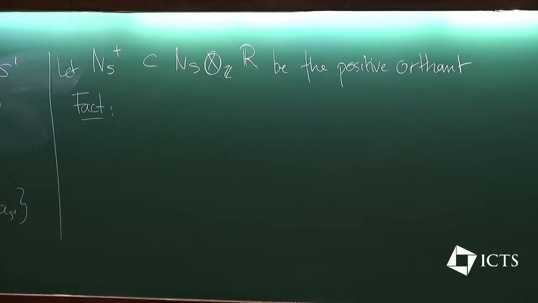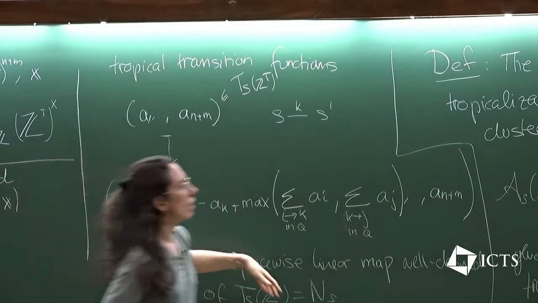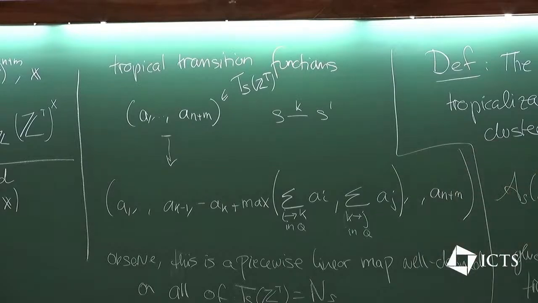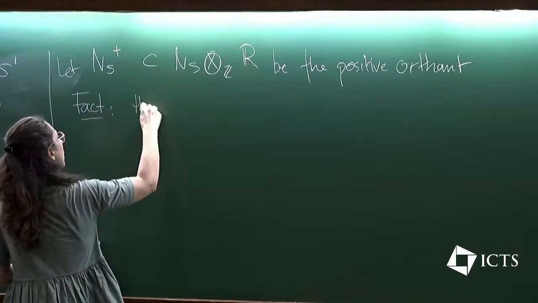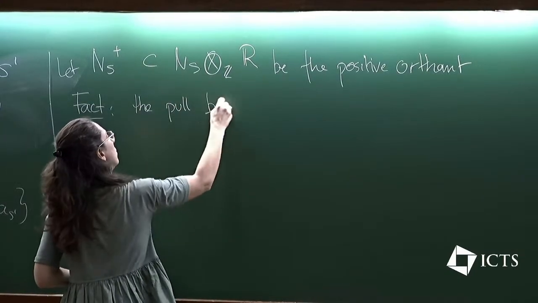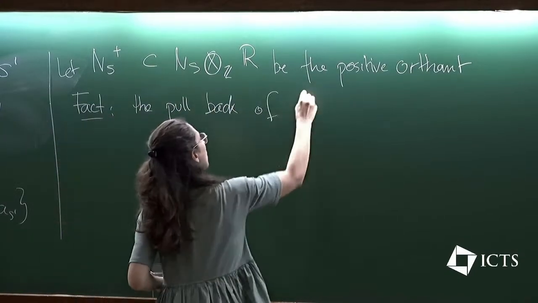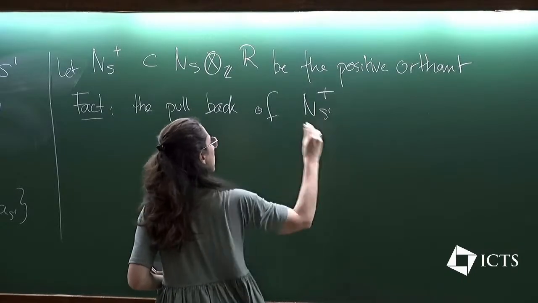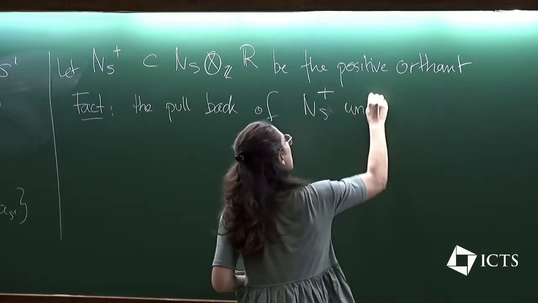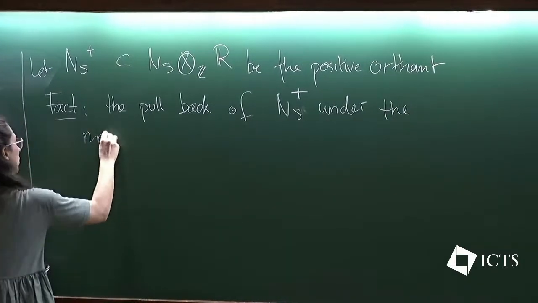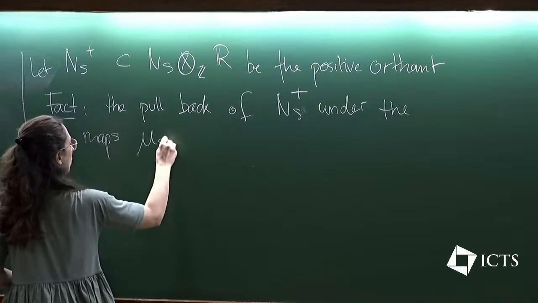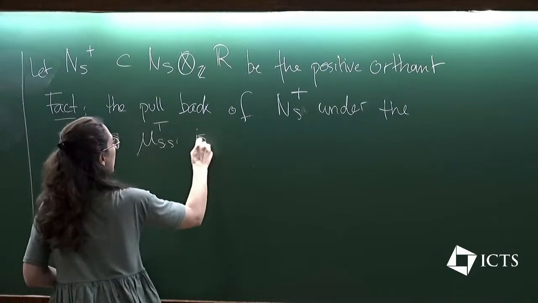But the positive orthant under such sequences of mutations always lies on one or the other side where the map is actually linear. So if I take the pullback of N S prime plus, or N S plus, under the maps, it is a cone.